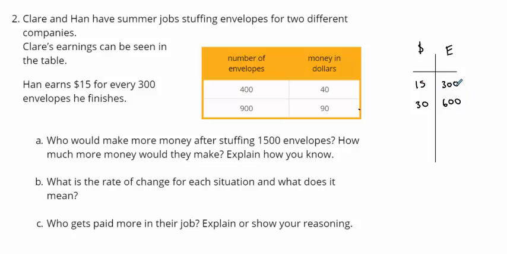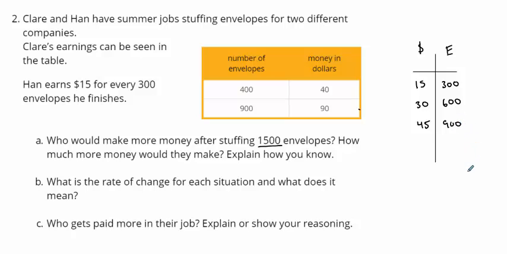Now, thinking ahead a little bit, I know that 300 is going to go into 1,500, right? Because 3 goes into 15. So let's go ahead and continue this pattern until we get to 1,500 envelopes and see how much Han makes. So 900 envelopes would be $45, every $15 for 300 envelopes.